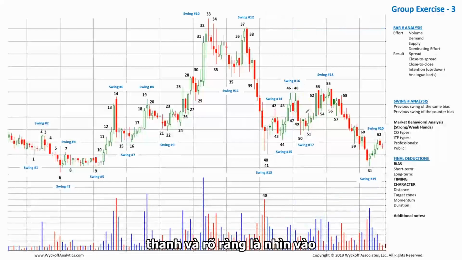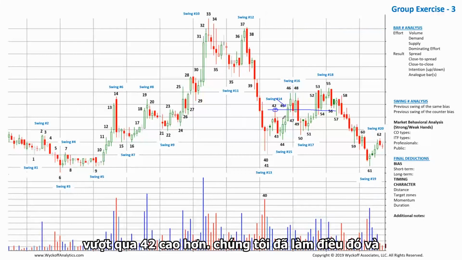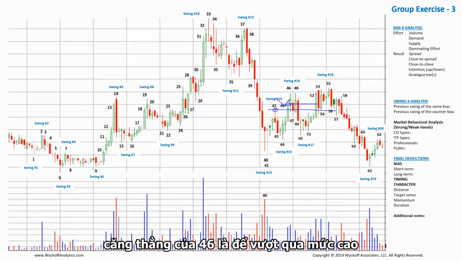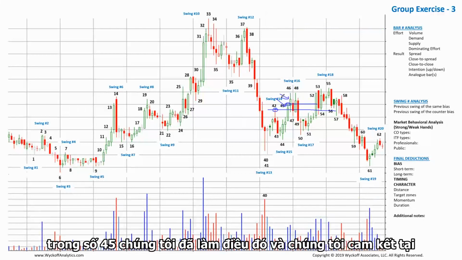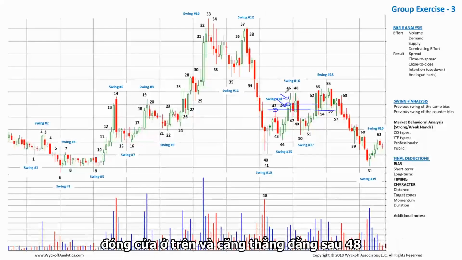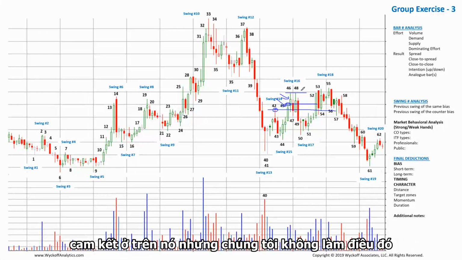And obviously, looking at the intentions, the intention behind 45 was to overcome the high of 42. We did that. The intention of 46 was to overcome the high of 45. We did that. And we committed at the close above. The intention behind 48 was to overcome the resistance at 46 and commit above it.